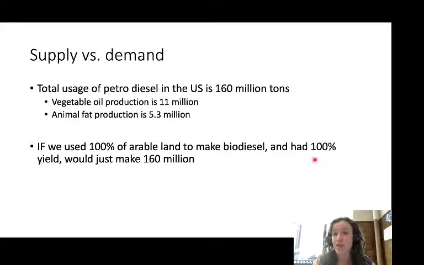And if these reactions had 100% yield, which, again, is not super likely, we would just make enough fuel. So, not super realistic. But, as we just learned in the last slide, biodiesel has more than one use.